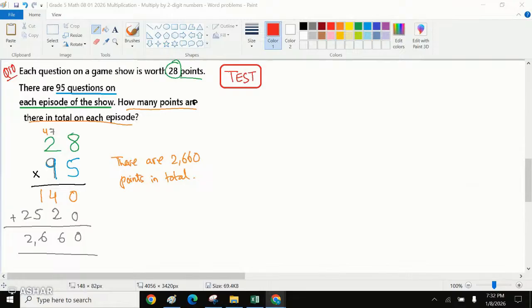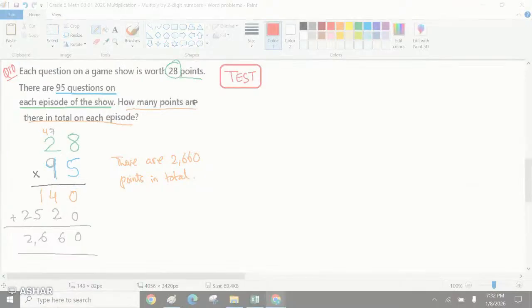Log into the test. I think it's taking time. I don't know. It needs to load. If it would not load, we will go back to the questions, okay? Oh, the question is there. And the first question, there are 29 questions, okay?